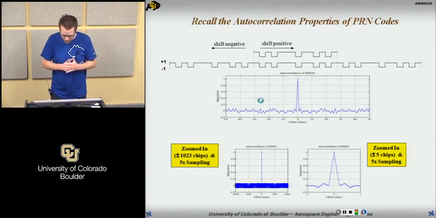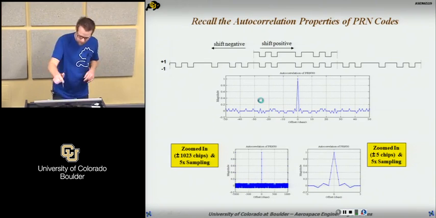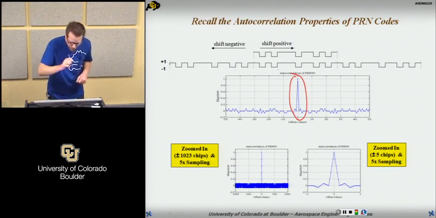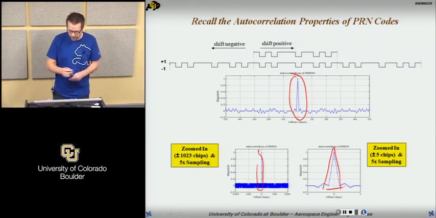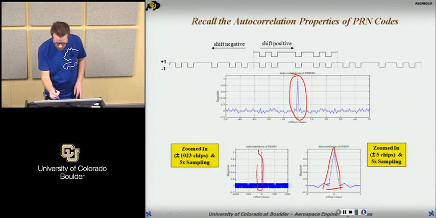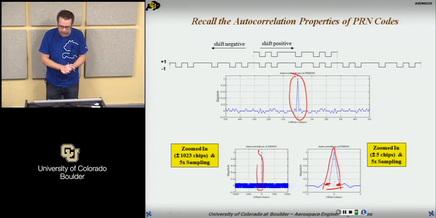And if we look at this one, I said we have a sharp peak. It looks extremely sharp in this one, but if we zoom in, we see that we actually have a triangle, right? Another question is, what is this distance? Anybody care to guess? 1 chip.